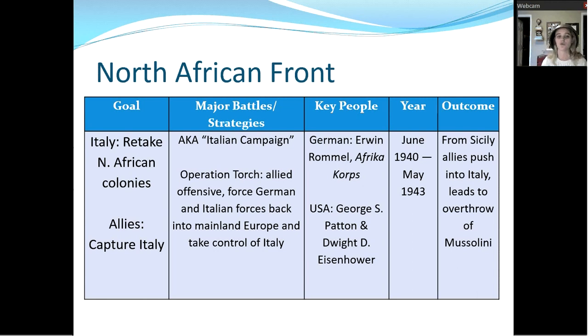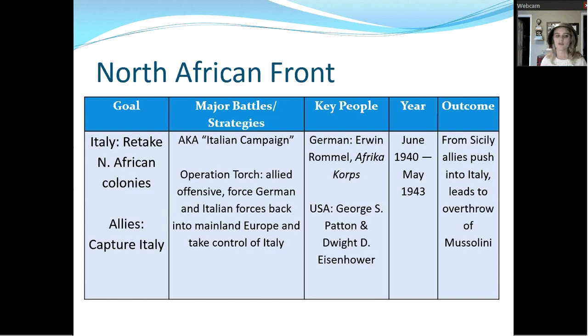He's in control of the North African campaign. For the United States, we start with a guy named George Patton, who got pretty famous in World War I. However, there is an incident which causes him to be removed from his position, and Dwight D. Eisenhower is put into his place. I mentioned Eisenhower before as one of the planners of D-Day. Eisenhower really makes a big name for himself.